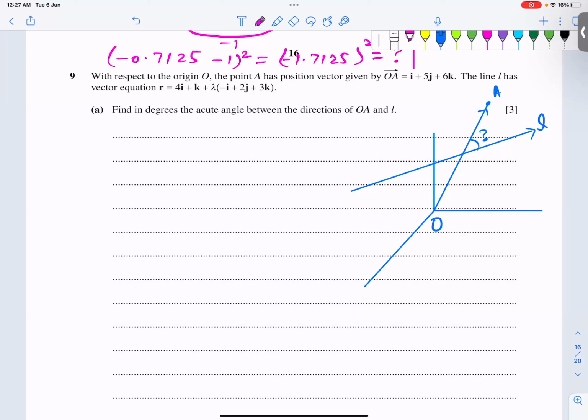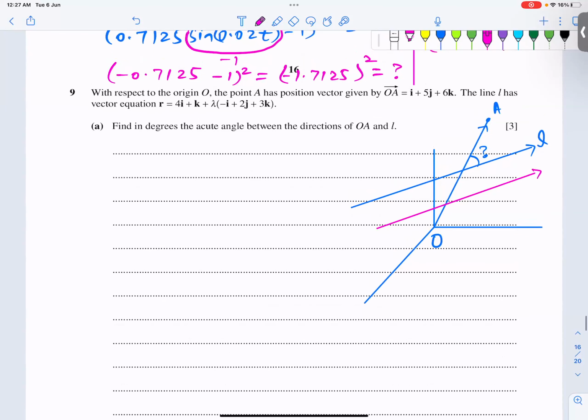What you will do then: there is another directional vector which is parallel to line L, and I will call it D. So the angle between OA and the line L is the same as the angle between OA and its directional vector D. These two question marks are actually the same.